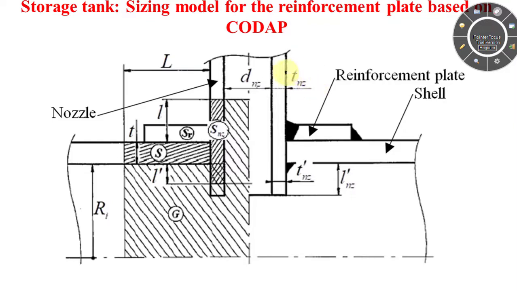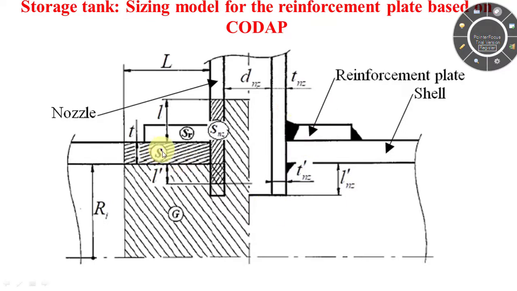This nozzle may have an exceeding inside the shell. This exceeding has a thickness T prime NZ and a length L prime NZ. It's to note also that this nozzle normally has a length L subscript NZ, which is the length of the nozzle outside the shell.